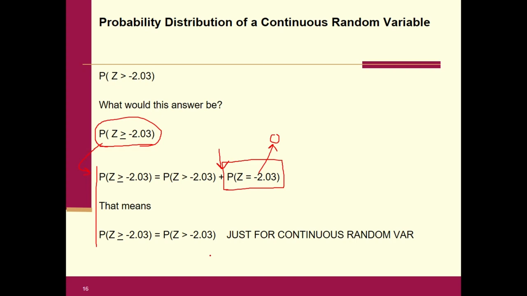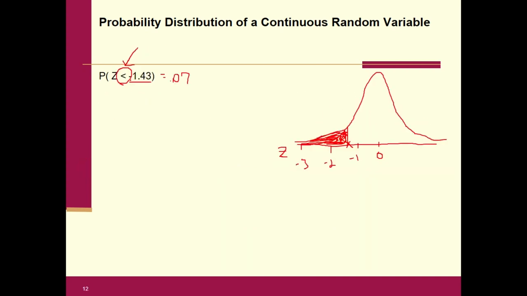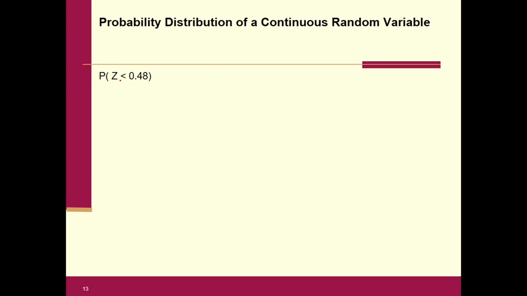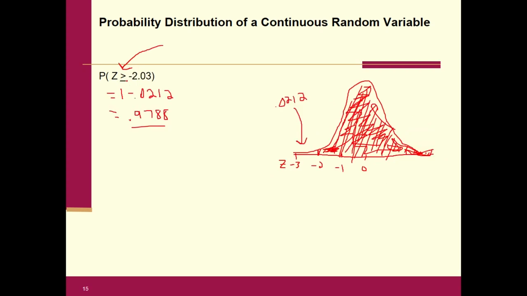That's kind of weird. We're not used to such things, but that's absolutely true in the continuous world. Now, in the discrete world, you have to pay attention to whether it is greater than or equal to. But in the continuous world, if we went back to any one of these and I put an equal to sign down here, does it change the answer? No. If I got rid of the equal to sign, did it change the answer?